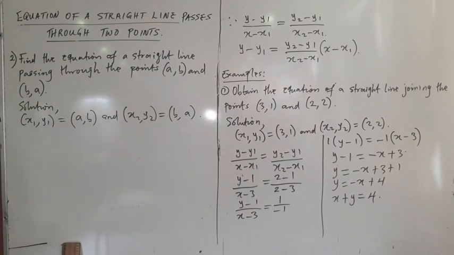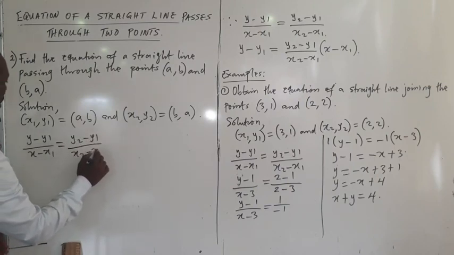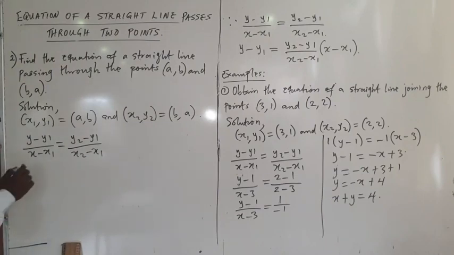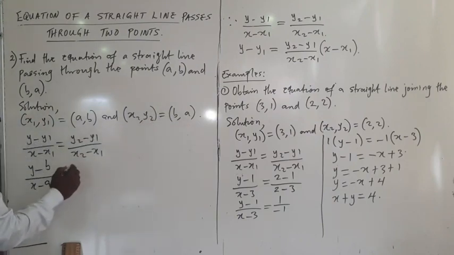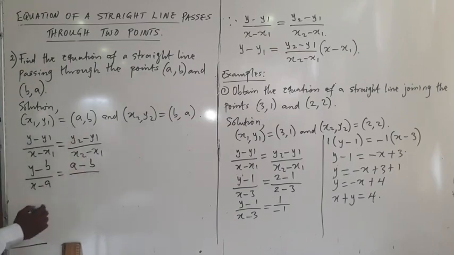Then the equation of a line formula is (y minus y1) over (x minus x1) equals (y2 minus y1) over (x2 minus x1). So y minus y1 is what? b. So y minus b over x minus x1, that's a, equals y2, which is a, minus y1, that is b, over x2, that is b, minus x1, a.